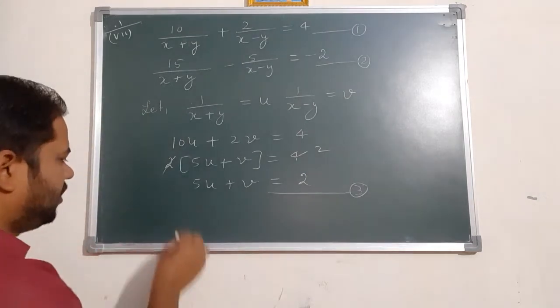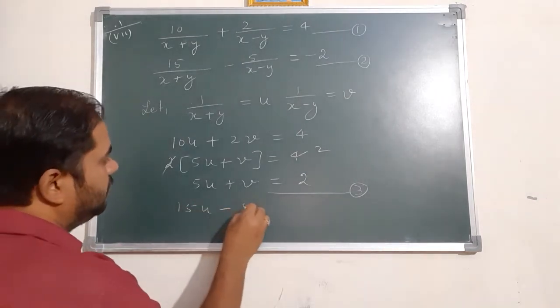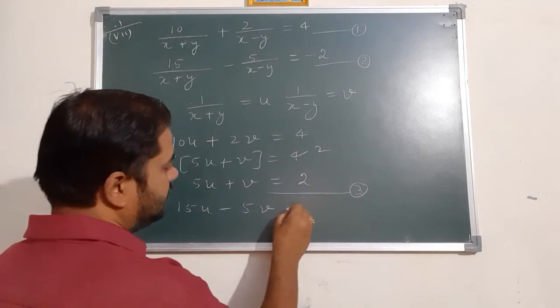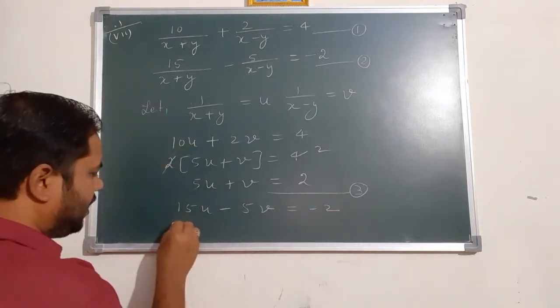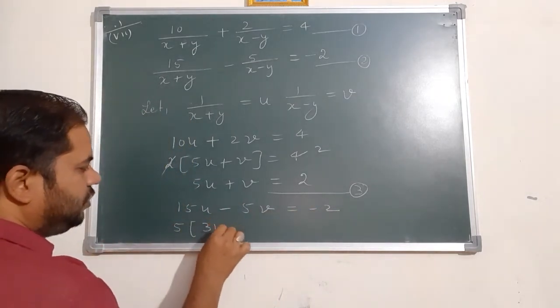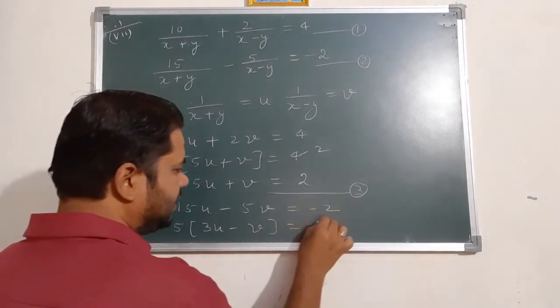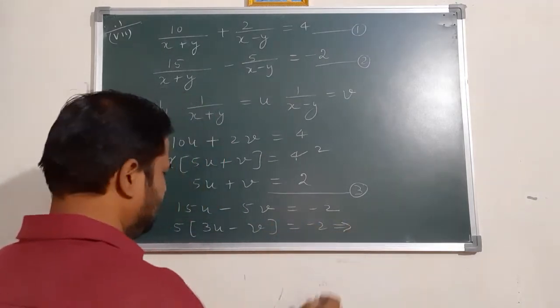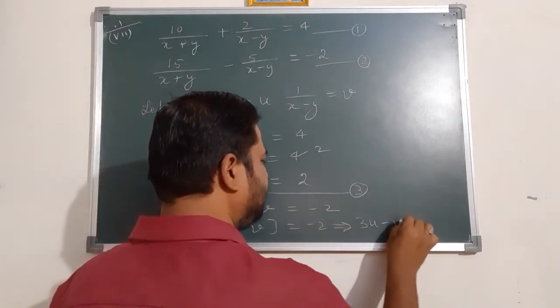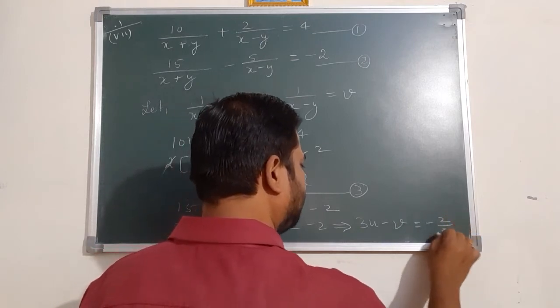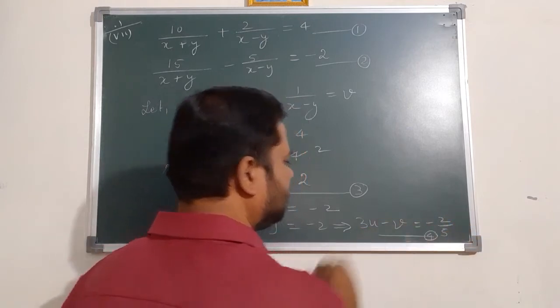Similarly, this is nothing but 15u minus 5v is equal to minus 2, and if we take common 5, 3u minus v is equals to minus 2 by 5, equation number 4.